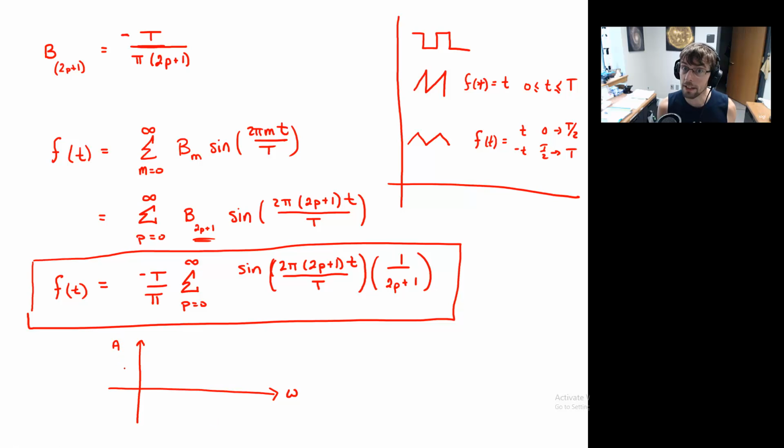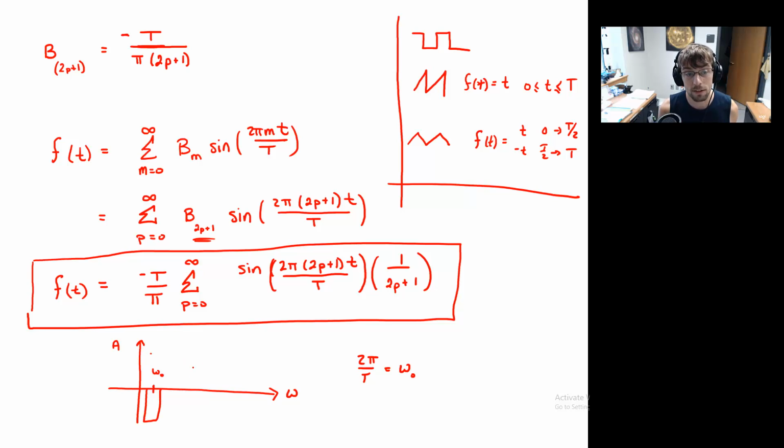And so when my angular frequency was simply 2 pi divided by T, we'll call that our base frequency, omega naught. So at omega naught, I have a particular amplitude. Oh, excuse me, it's negative. So at my base frequency, I have a particular amplitude. That's negative.